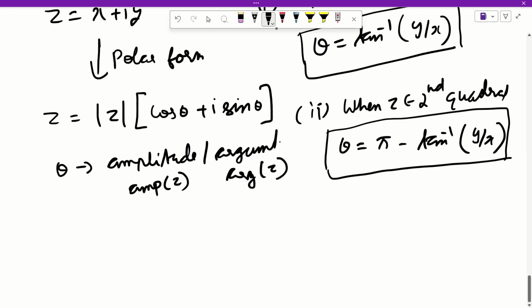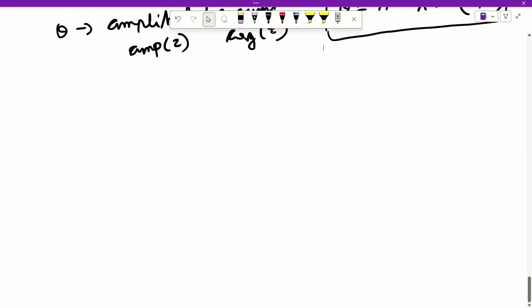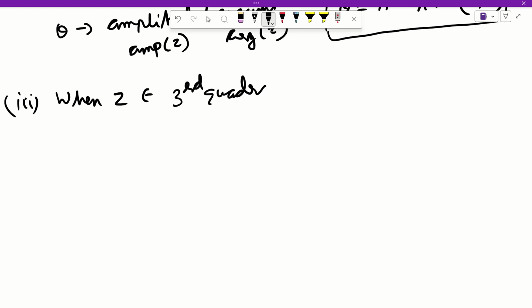Third one: when z belongs to the third quadrant, then theta is equal to pi plus tan inverse y by x.